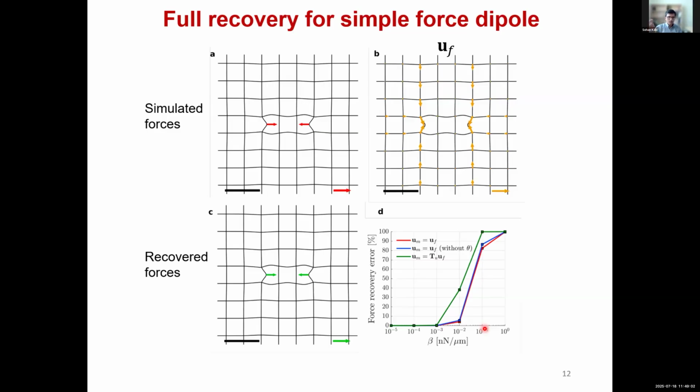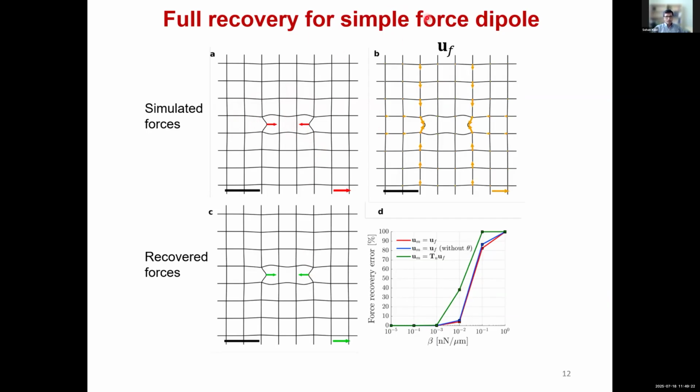So the forces will end up being close to zero and the errors being high. But as we decrease this regularization, as we release the constraint on the value of forces, we see that we are able to match the actual force pattern that was simulated.